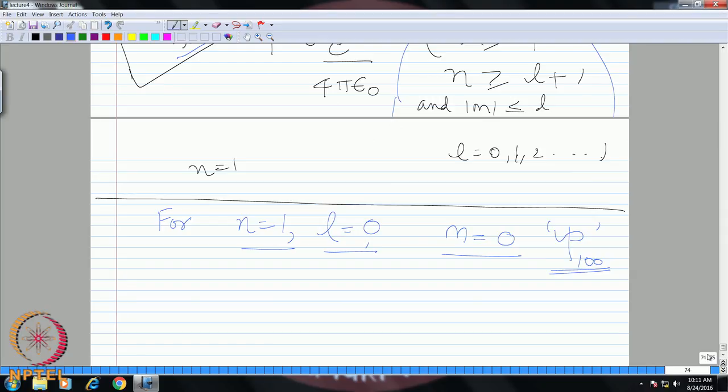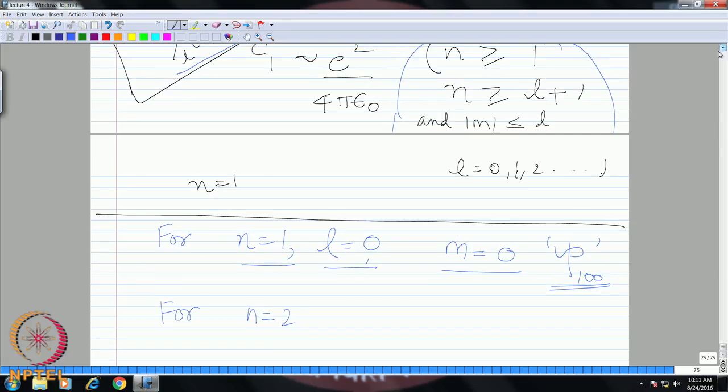Now, you can expand this for n equal to 2. For this case, what are the values of L? If L equal to 0, n is greater than or equal to 1, so 0 is possible. L can also be 1, because n can be greater than or equal to 2, in this case n equal to 2. So, L equal to 1 is also a possibility.